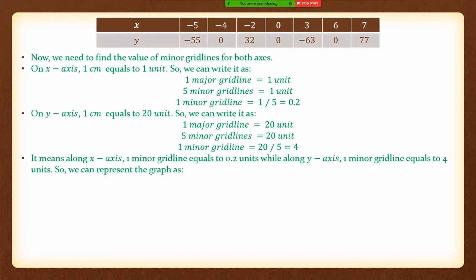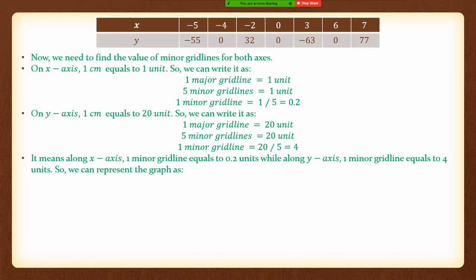Moving ahead, we must recall something. We have 4 quadrants, depending on the range of x and y, which were positive as well as negative. Then we decided to find the values of major grid lines. Along the x-axis, 1 unit, 1 centimeter, or 1 major grid line equals 1 unit. Along the y-axis, 1 major grid line equals 20 units.